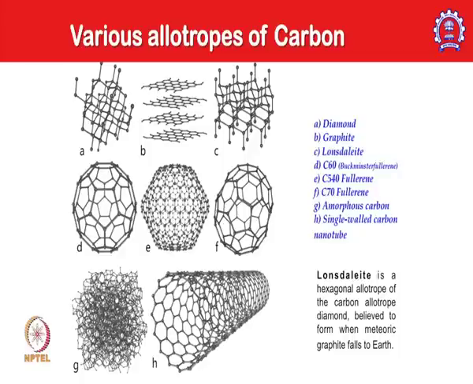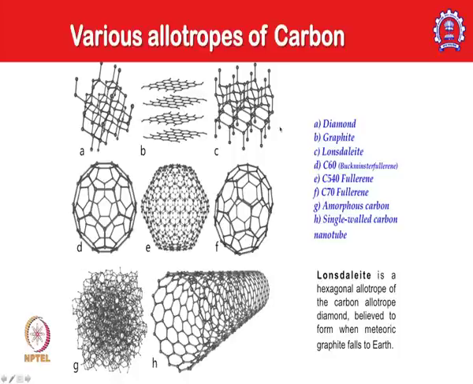And of course, besides these three, various other allotropes of carbon are there. You can see here A represents diamond and B represents graphite layers, and then C is lonsdaleite, and it is nothing but a hexagonal allotrope of carbon, diamond believed to form when meteoric graphite falls to earth.